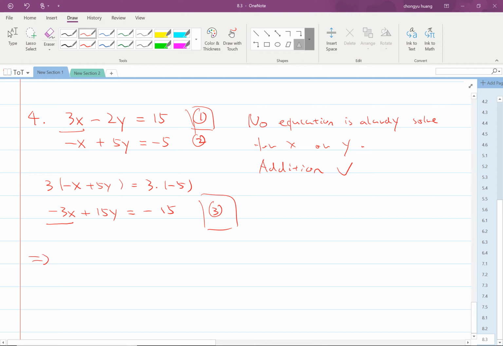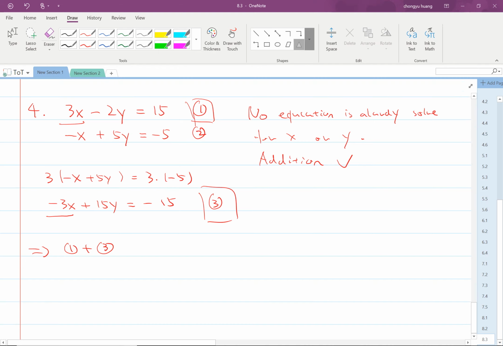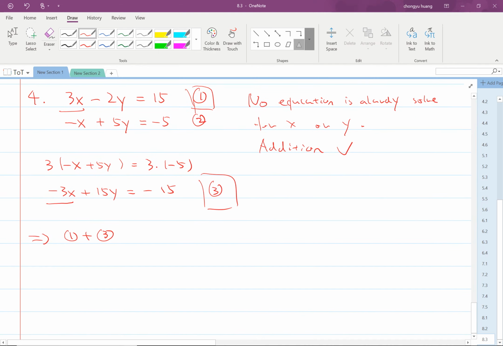The next step is to add equation 1 and equation 3. We have 3x minus 2y plus negative 3x plus 15y equal to 15 plus negative 15. 15 minus 15 is equal to 0, and 3x and negative 3x get cancelled.